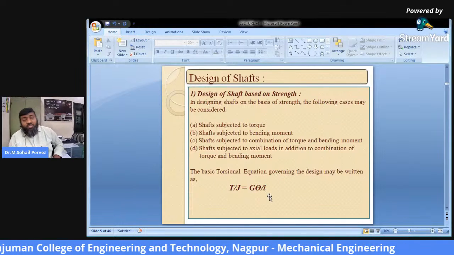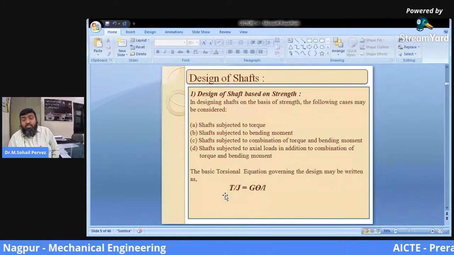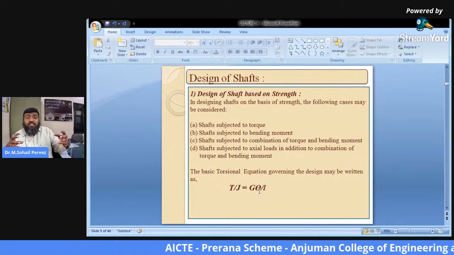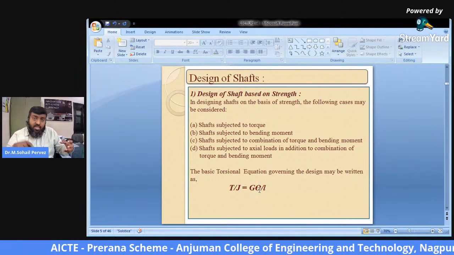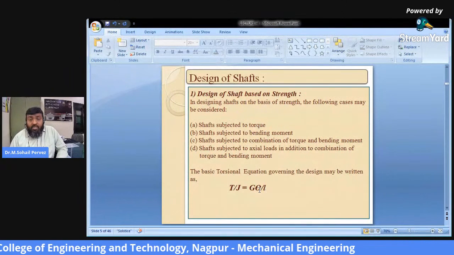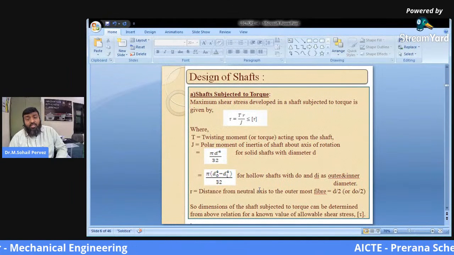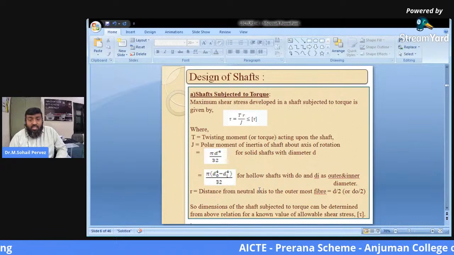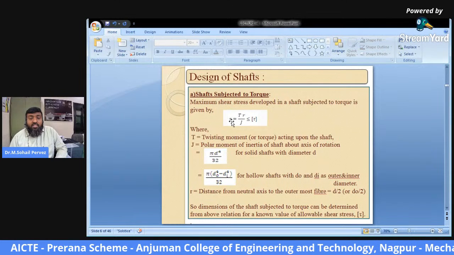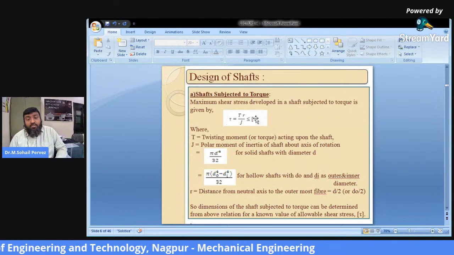This is the basic equation, T by J, where T is the twisting moment or torque, J is the polar moment of inertia, G is the modulus of rigidity, and theta is the angle turned by the shaft when some torque is applied over its length L. Now when we say the shafts are subjected to torque, it means T by J equals tau by R comes into the picture. But this induced torque should always be less than the permissible torque.